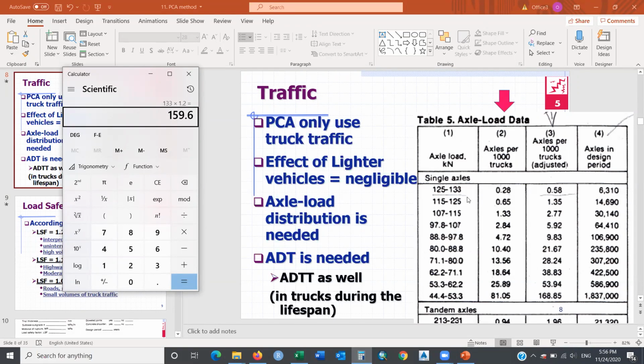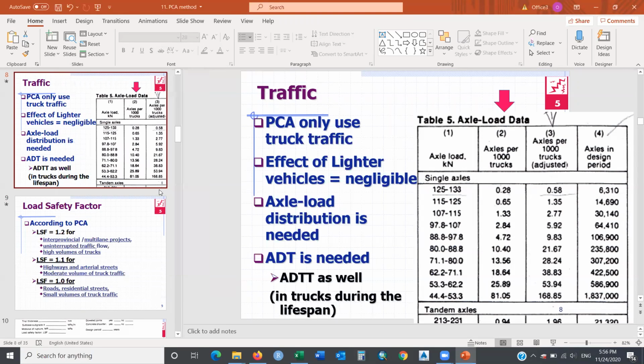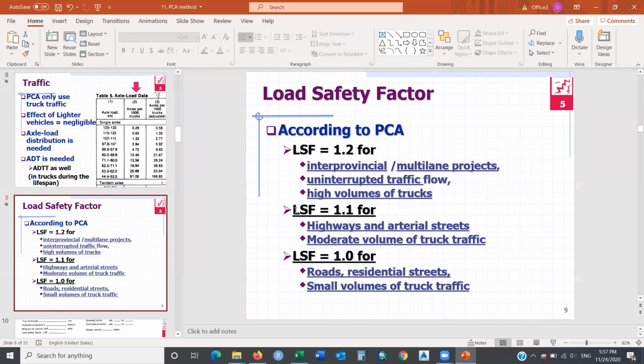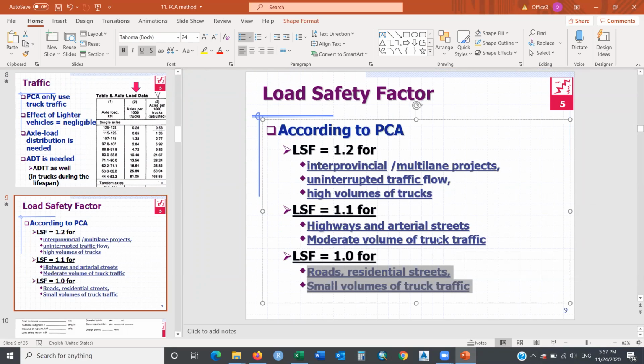That is the maximum weight on this axle group. Why? Because that weight is going to serve to estimate how much damage this is producing on the pavement. The load safety factor will be 1.1 when you have an arterial or highway street with a moderate volume of truck traffic. And the load safety factor will be 1 when you are looking at residential streets or small volume truck traffic.